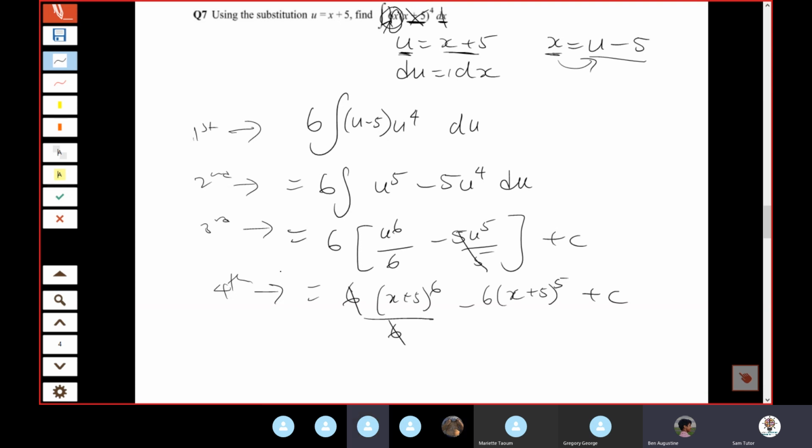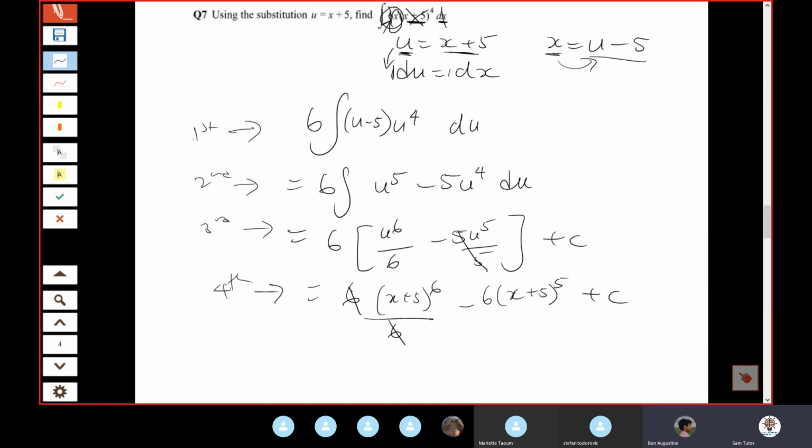I think the hardest part is just to get du. Yeah, that is meant to be the hardest bit of it. But can you see how I get du? Because the derivative of any letter is just going to be 1. Because you differentiated u, we usually write du.